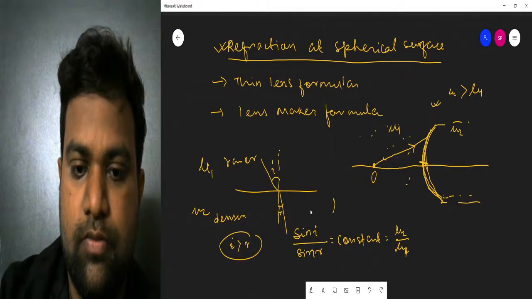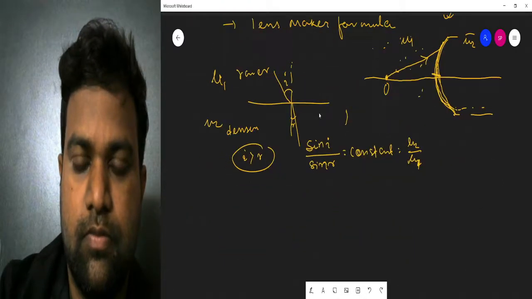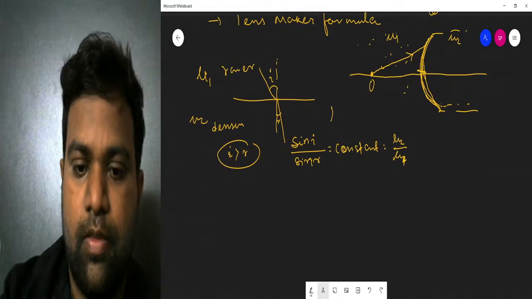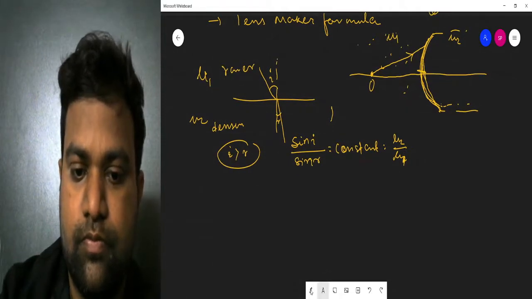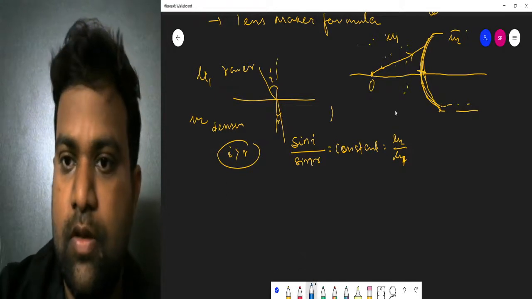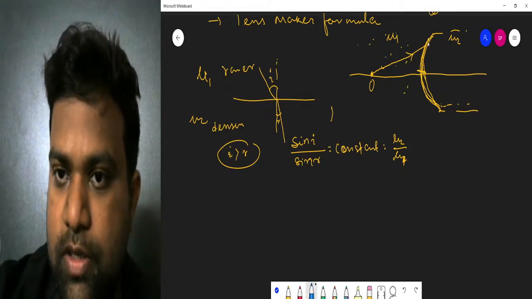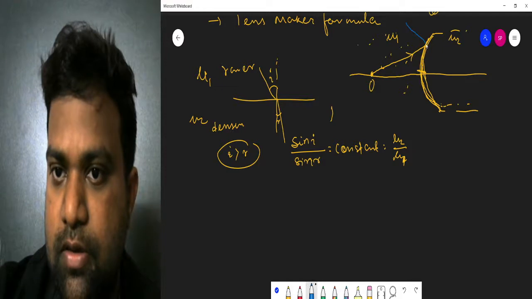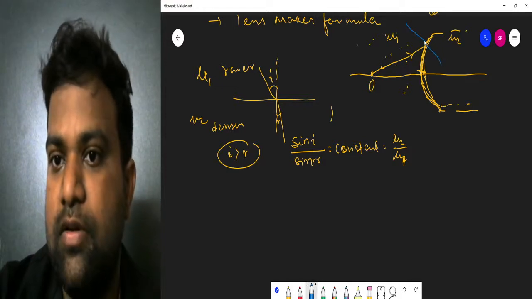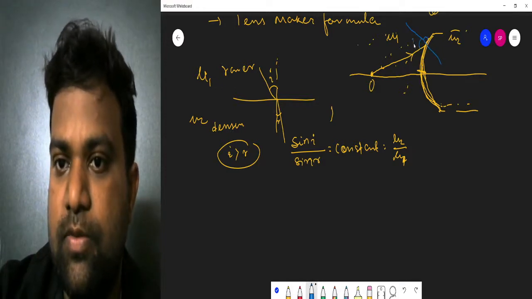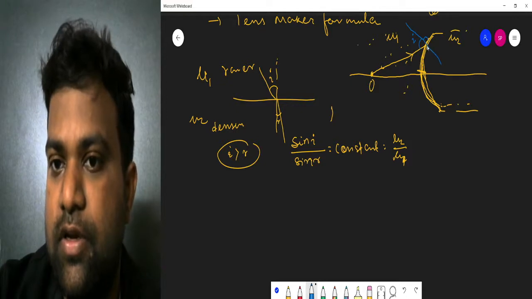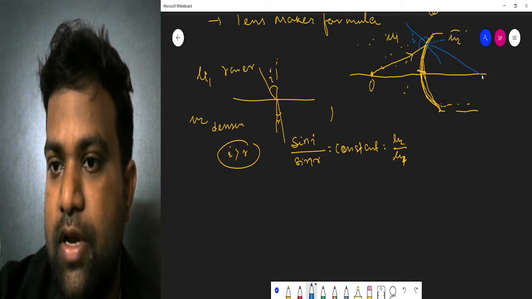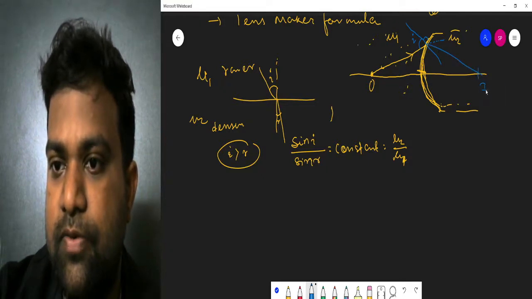So now here you can say this is your normal to the surface, and this will be the angle of incidence. Now instead of moving in this line, it will slightly bend, and somewhere here the image will be formed.